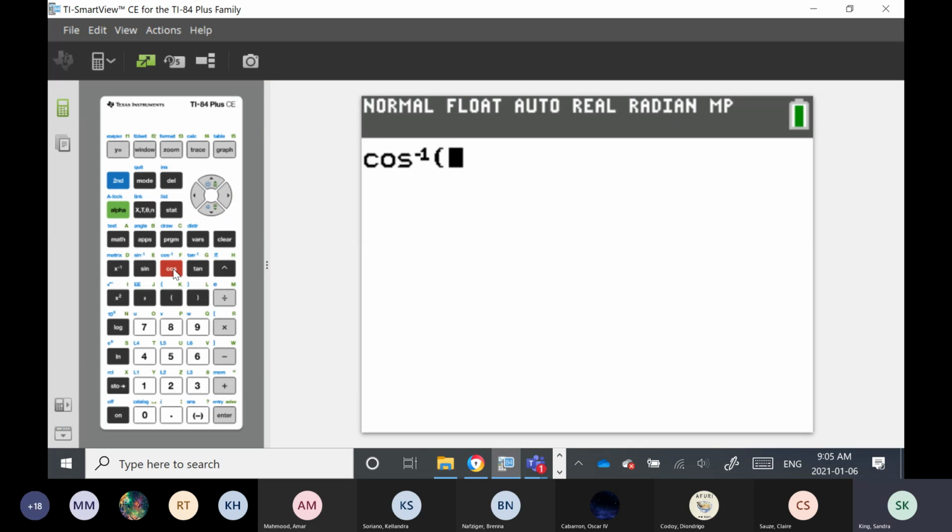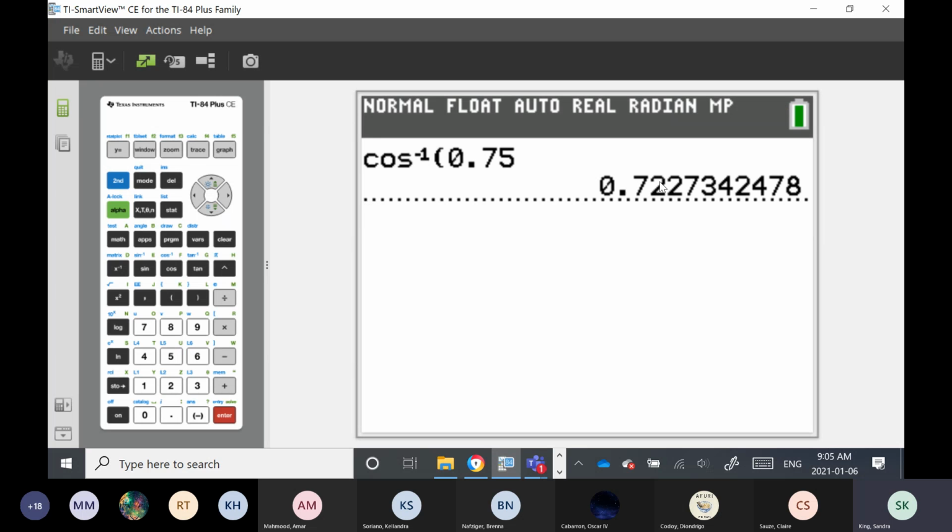So second cos of 0.75 gives us this number here. It says to the nearest hundredth, which means we can't convert this to exact values in pi radians. To the nearest hundredth, it would be 0.73. That would be our reference angle.